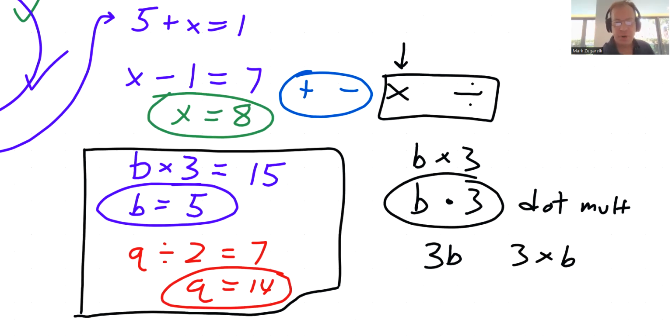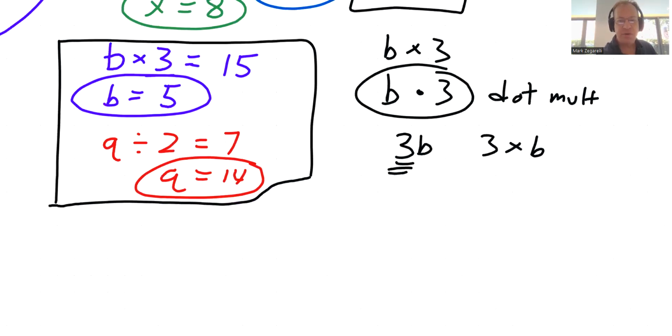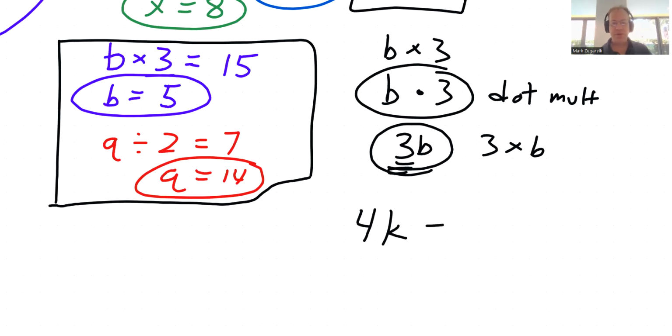We put the number up front, and I'll give you some terminology for that in an upcoming video. I can get into a couple of reasons for that in the next video, but for now, let's just consider that that means 3 times b. So for example, if we have 4k equals 20, that really means 4 times k equals 20. And so that means k equals 5. Step back from that, and yes, 4 times 5 equals 20.